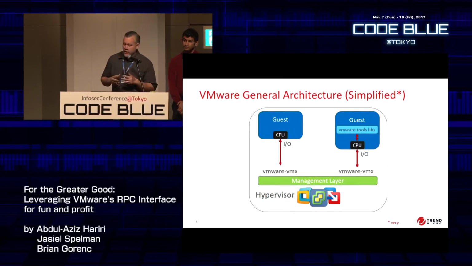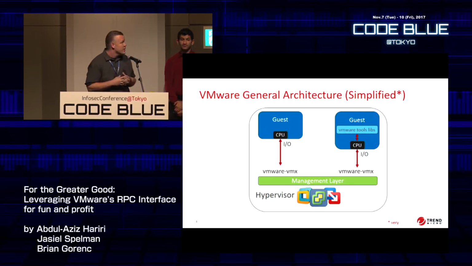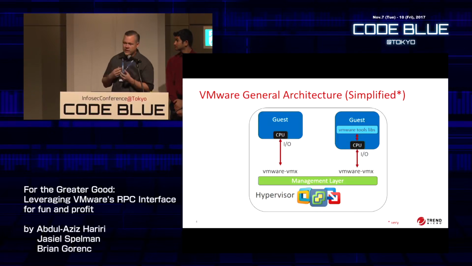But if we look at VMware specifically, this is a very simplified version of their architecture. What you can see is there's a guest operating system up there, and there's a virtualized CPU and a lot of I/O communication happening between that and the management layer where the hypervisor sits.